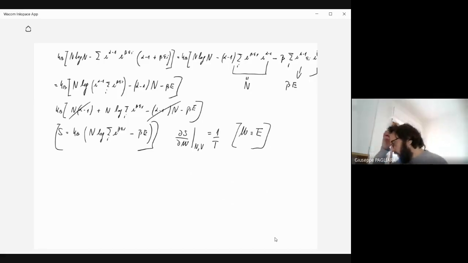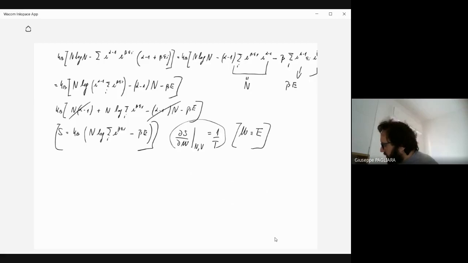So let me switch between U and E because they are the same quantity in what is going to be called the microcanonical ensemble. This equation provides the link between the Boltzmann entropy that we derived from the microscopic theory and the typical thermodynamical quantity, which is the temperature.